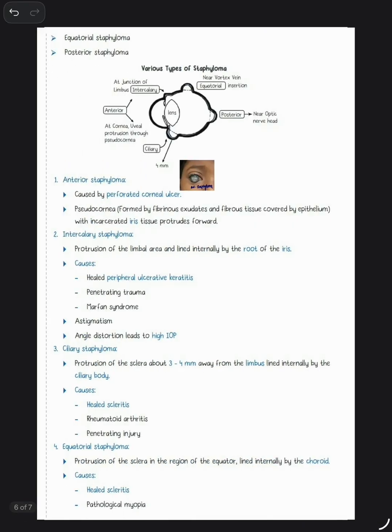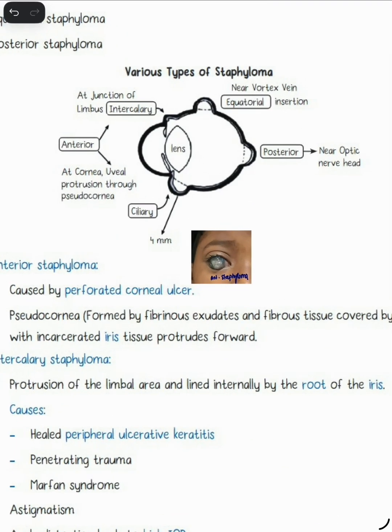So the different types of staphyloma: anterior is the perforation of the cornea lined by the iris, and intercalary at the limbus, lined by the root of the iris, and ciliary staphyloma at the sclera near the ciliary body, lined internally by the ciliary body.